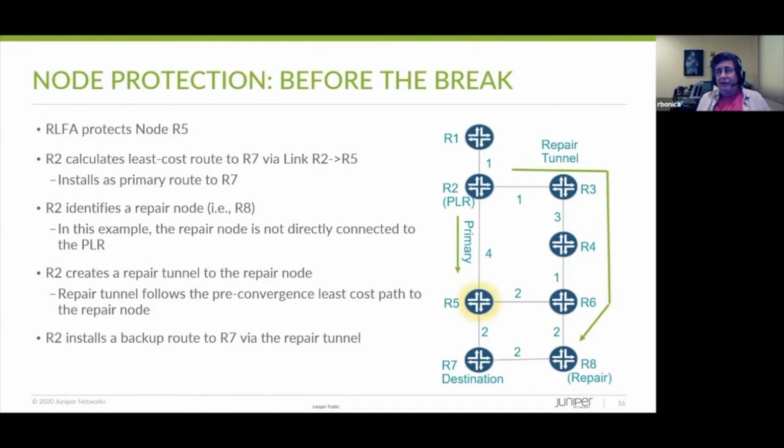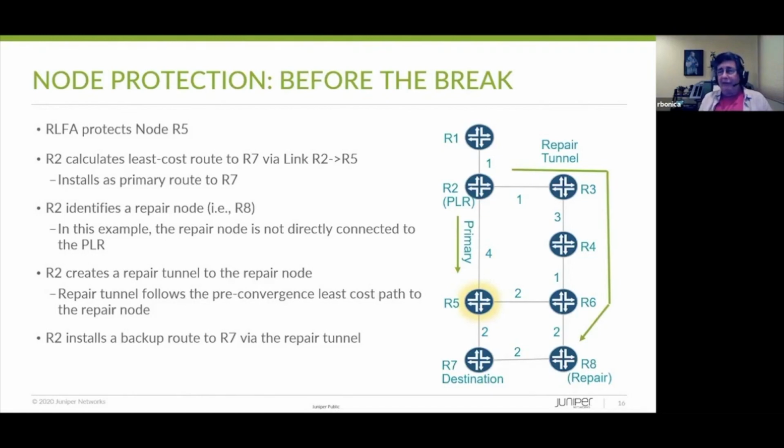Again, it calculates its least cost path through R2-R5. Then it identifies a repair node, but this time it can't identify R4, because if R4 were the repair node and the traffic were released at R4, R6 would send it across the equal cost multipath and you'd traverse R5. So in this case, there is only one candidate to be the repair node.